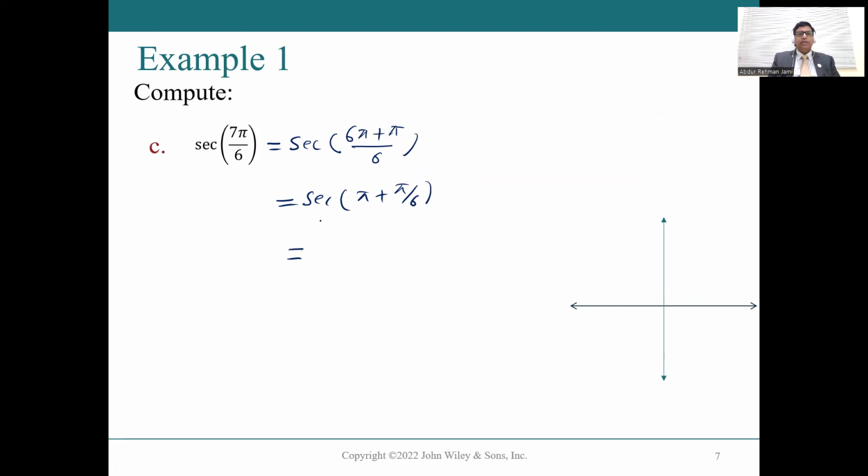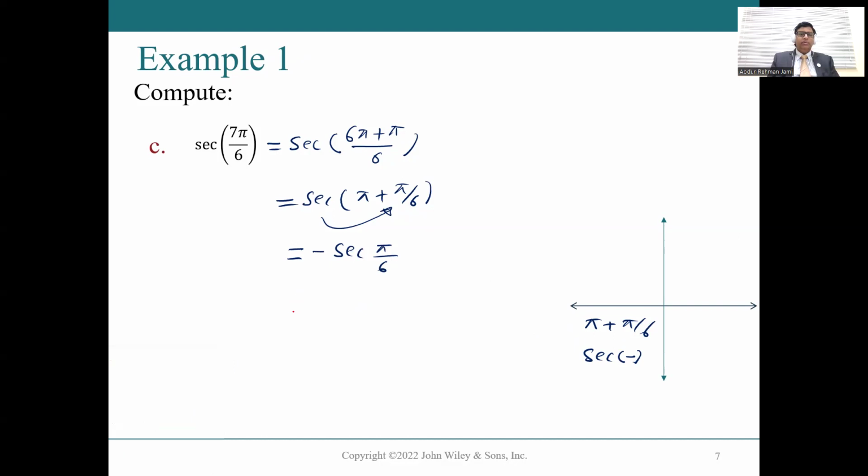First, we simplify secant with the reference angle. So this is secant of pi over 6. And pi plus pi over 6 is in this quadrant, and secant in this quadrant is negative. So we put a minus sign there.